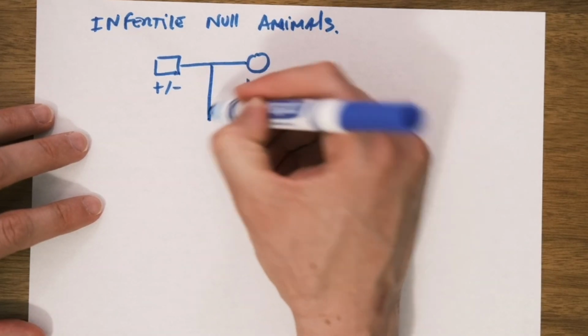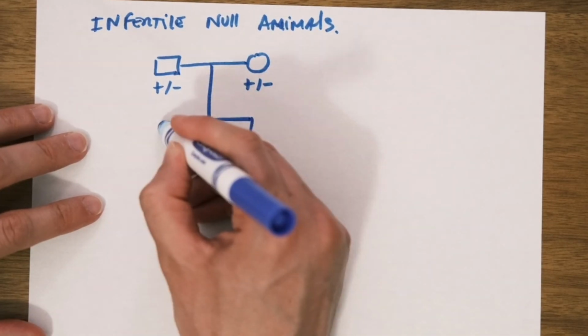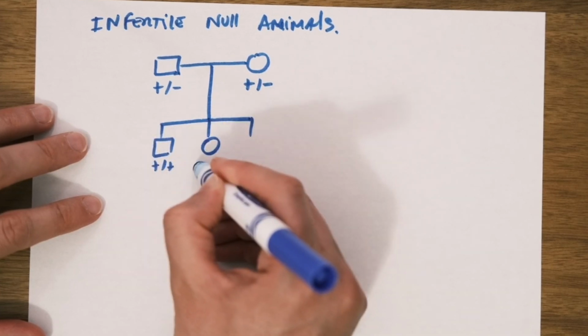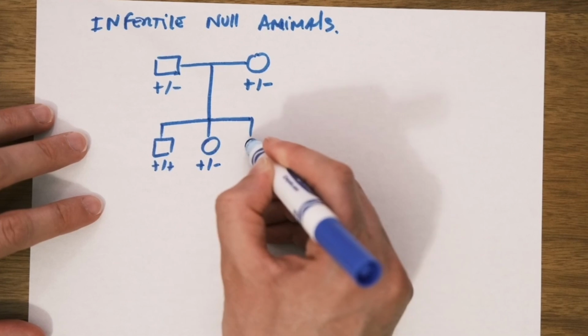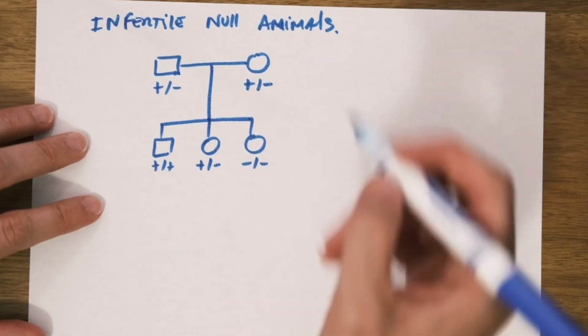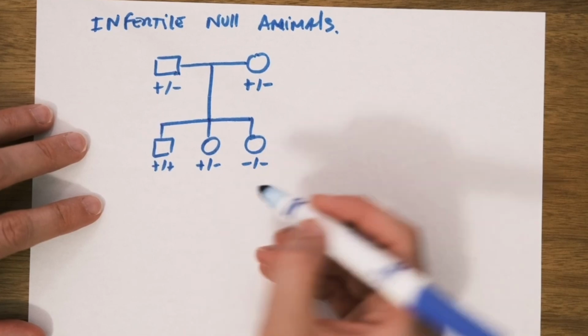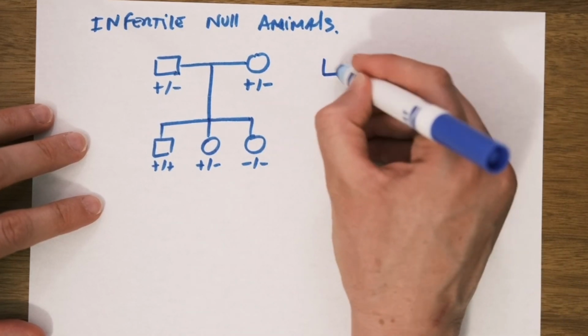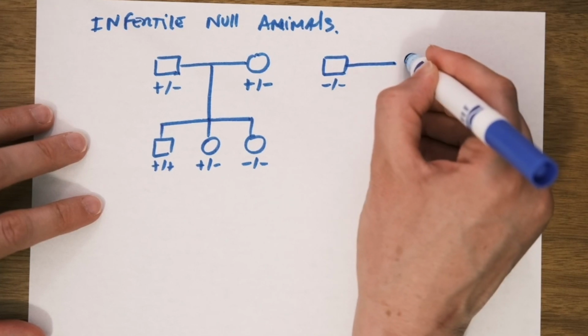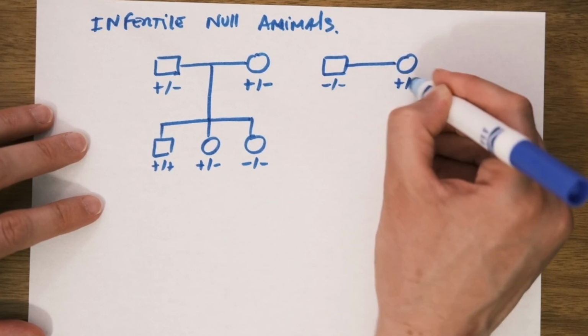This can give us different combinations. So we can have the wild type, we can have the heterozygous again, and we have also the null homozygous. Another possibility to get the null is to use null animals themselves, like a null male crossed with a heterozygous female.